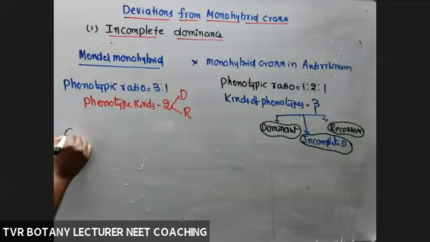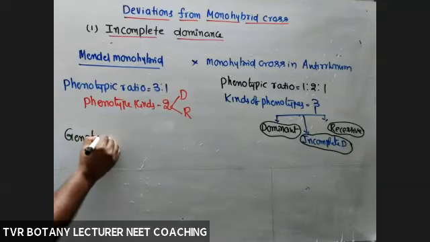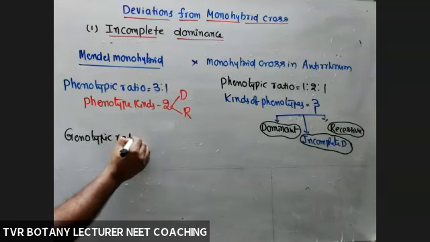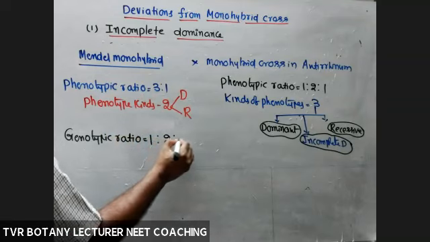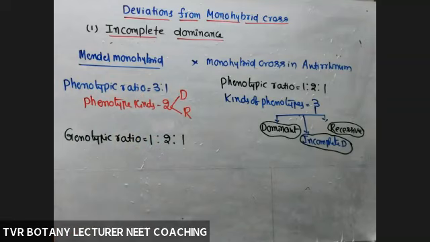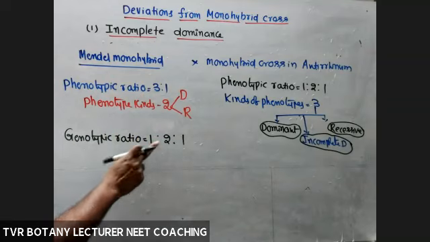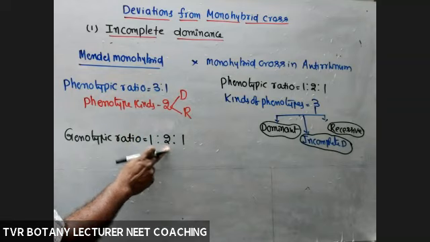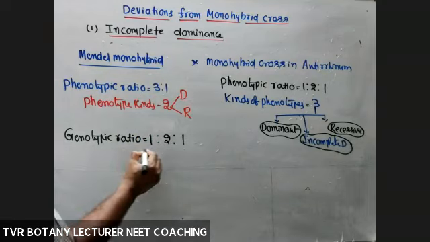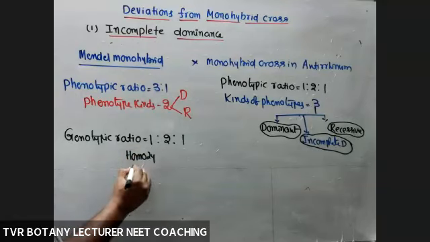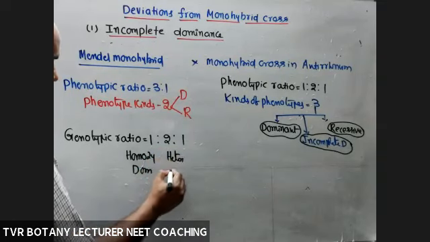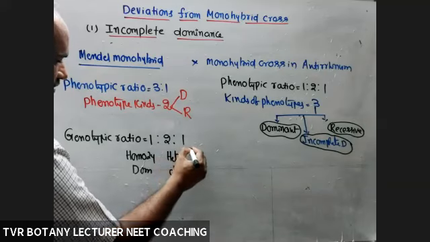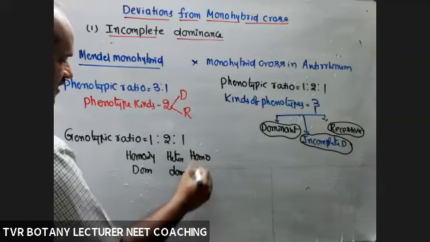And what about the genotypic ratio? Genotypic ratio according to Mendel is 1:2:1: homozygous dominant, heterozygous dominant, homozygous recessive.